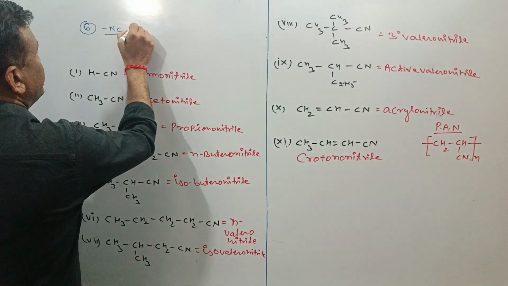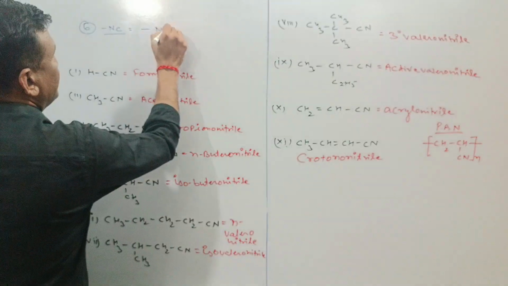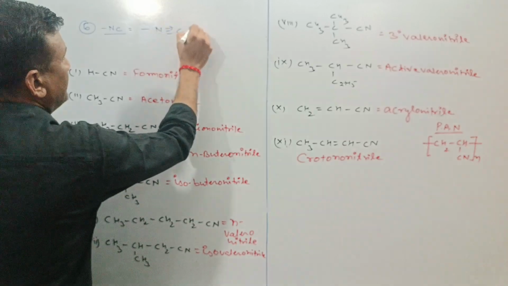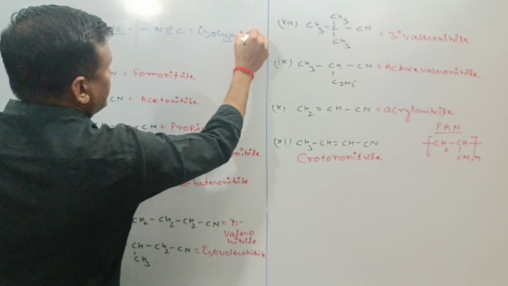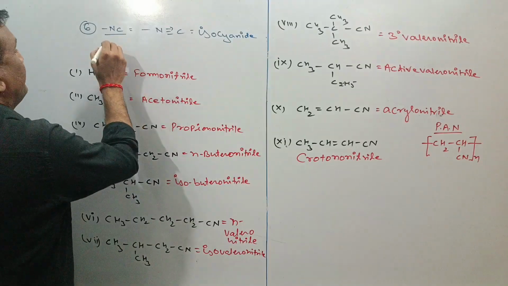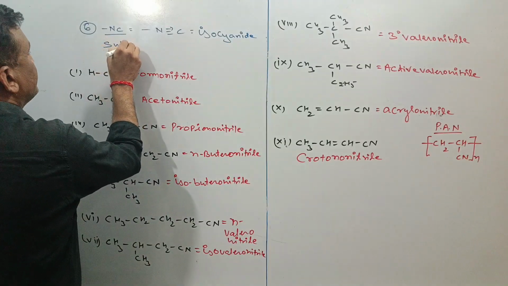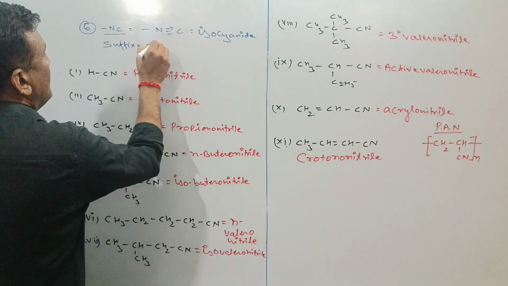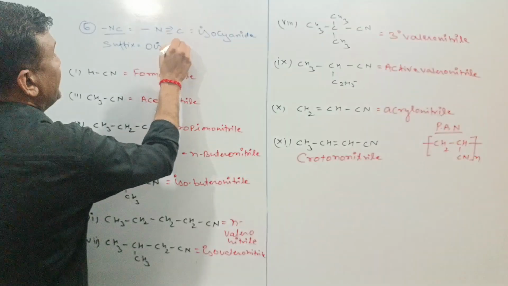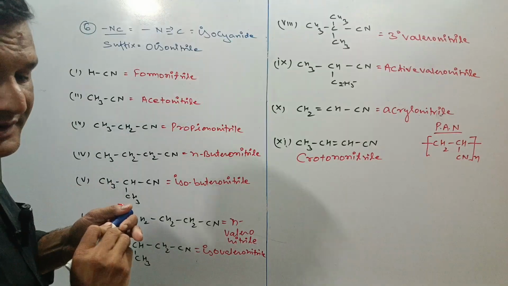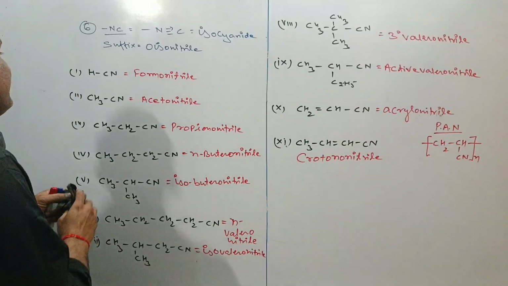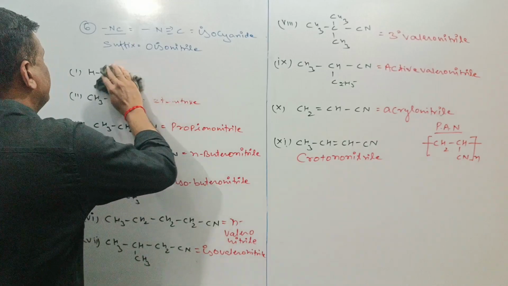It is also denoted by N with a coordinate bond. This is called isocyanide. If we go with the suffix, then the suffix will be O-isonitrile. Now it's time to discuss the name and structure of the compounds.